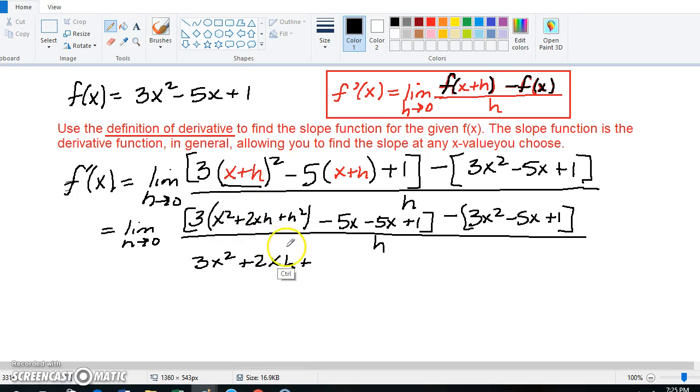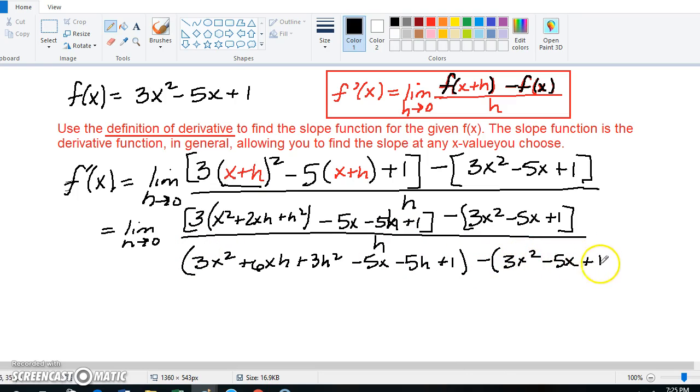Oops, sorry, I got to distribute it. 3x squared plus 6xh plus 3h squared minus 5x. Oops, that should be an h. Minus 5h plus 1 minus 3x squared minus 5x plus 1 all over h.